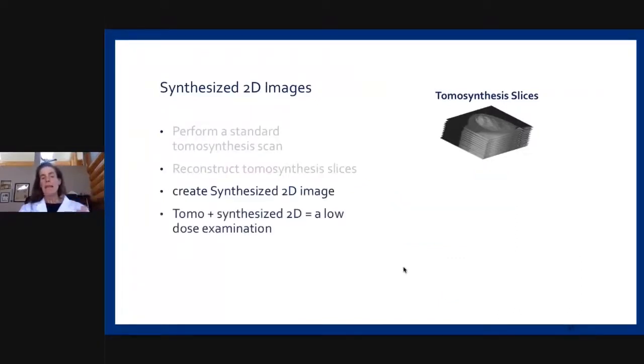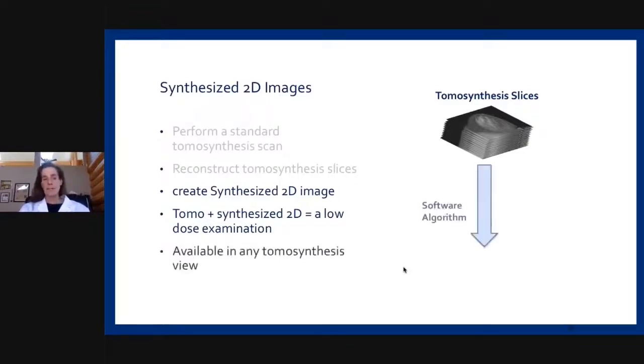And then from those tomosynthesis slices, we create a synthesized 2D image. And so together we use the tomosynthesis slices and the synthetic 2D, and that allows us to get a lower dose examination for our patients. And this is really available in any view. So you can do it in XCC views, full laterals, whatever projection you want.